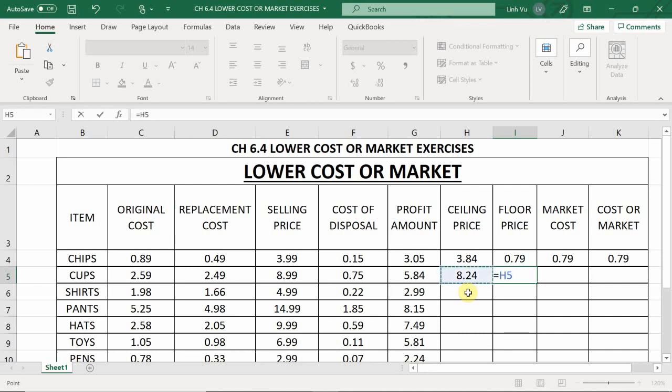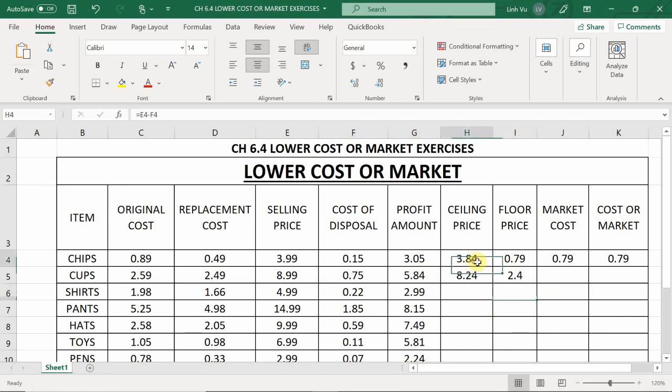What is my floor going to be? Ceiling minus the amount of profit of $5.84, so my amount is going to be $2.40. Then I need to compare my three numbers. Which one's the highest? The $8.24. Now, which one's the lowest?